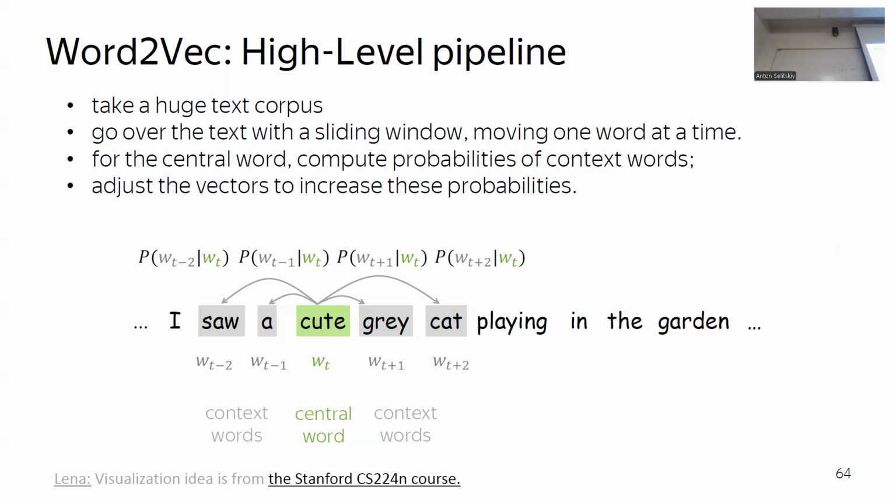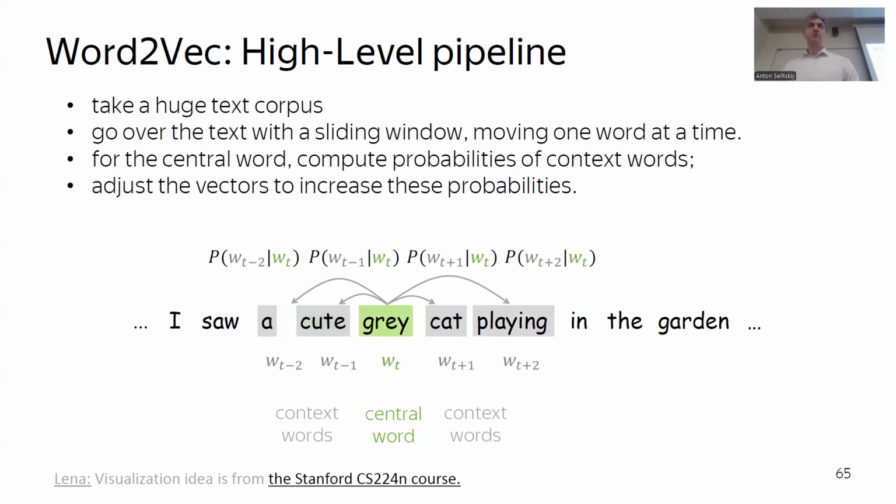Then you move to gray. You will create new pairs, and so on. So this will be your actual training set. The pairs of words where the first or the second is the central word, and the other is the context word.